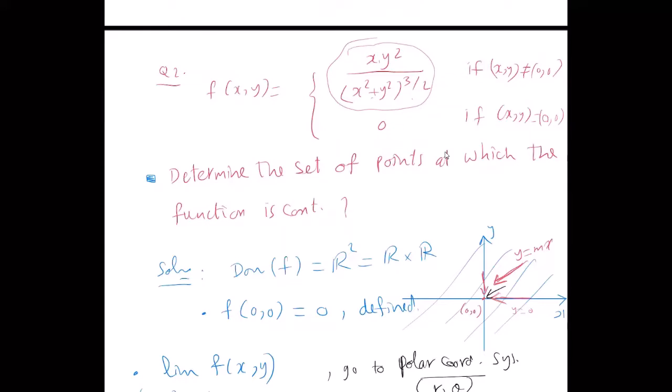These are the basic operations: multiplication, division, addition, squaring, cubing, square root. All of these operations form continuous functions, except at the points where the function is not defined, which is (0, 0) here. So we checked it separately.